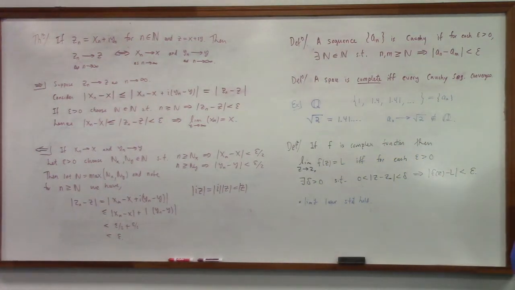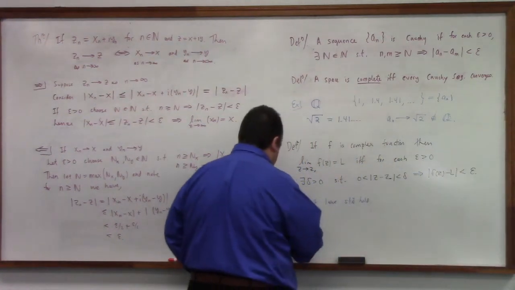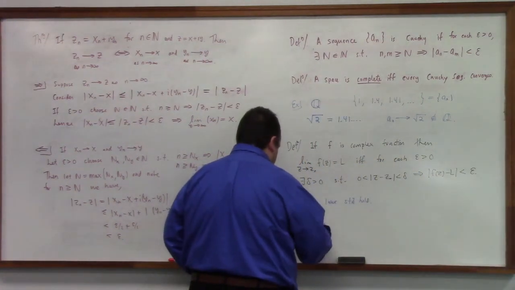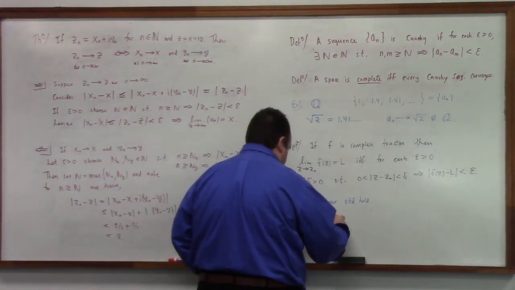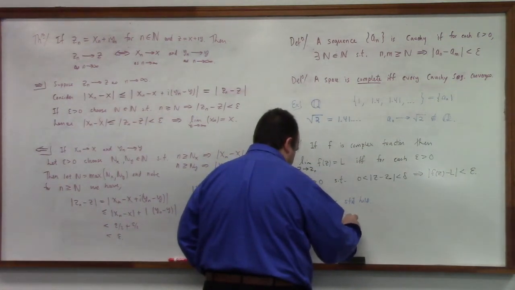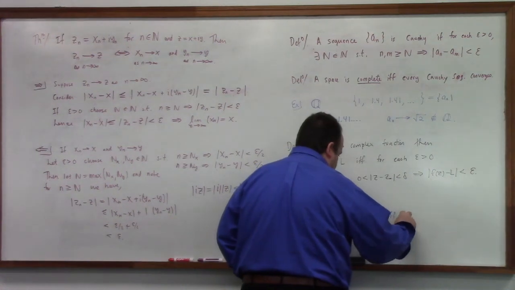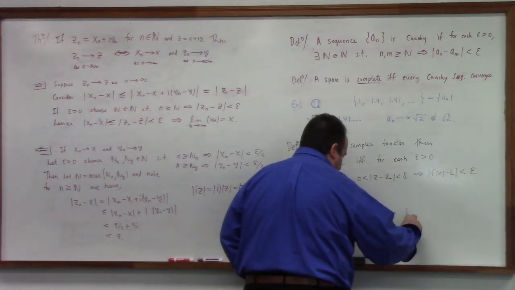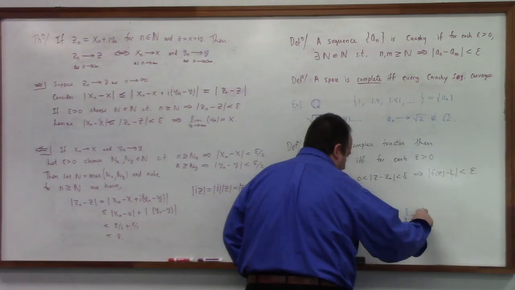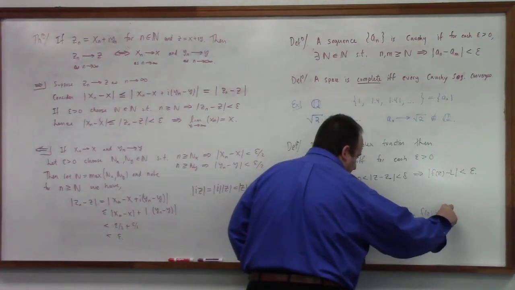And how can we define continuity at a point for a function? Definition: f is continuous at z naught if and only if the limit as z goes to z naught of f of z is equal to f of z naught.